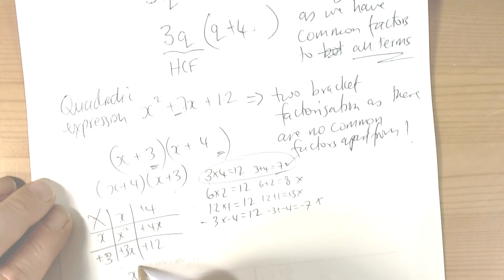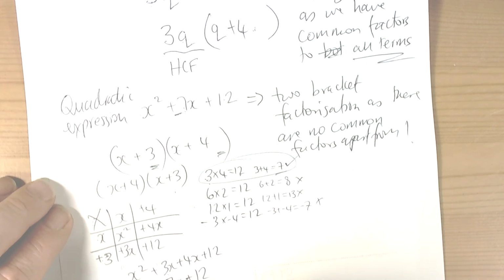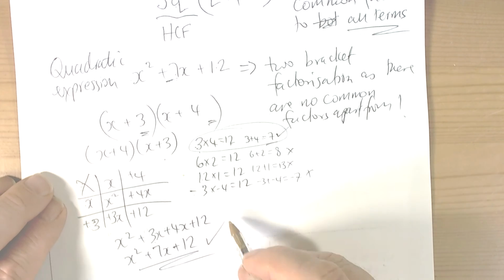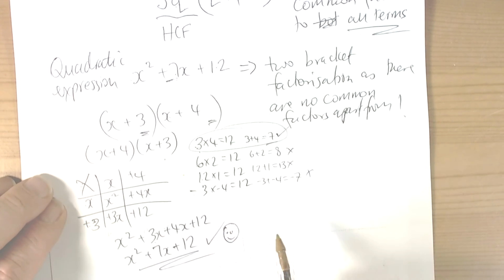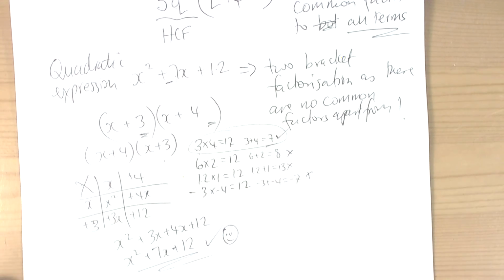So when we add those together, we get x squared plus 3x plus 4x plus 12. Simplify our like terms, 3x plus 4x is 7x, and that gives us back our original expression. So again, the checking is worth doing.